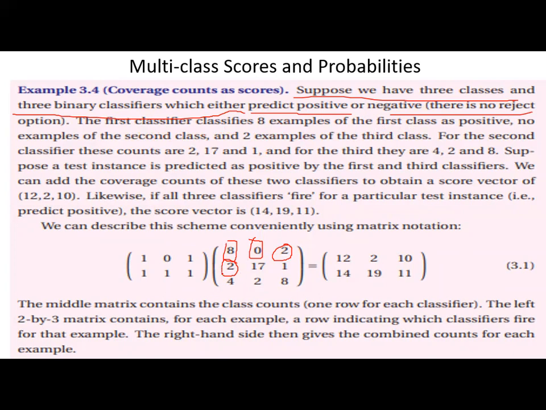The second classifier classifies the first class as 2 positives, the second as 17, and the third as 1.